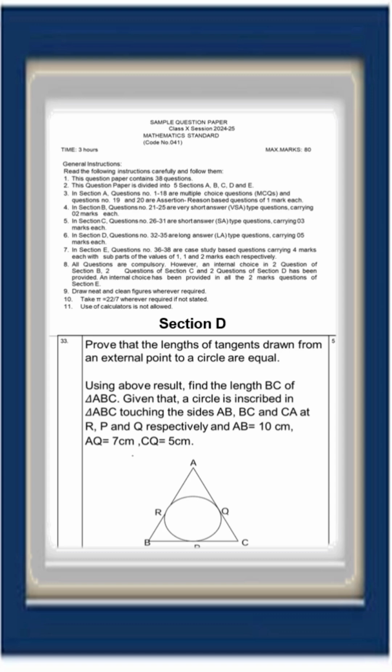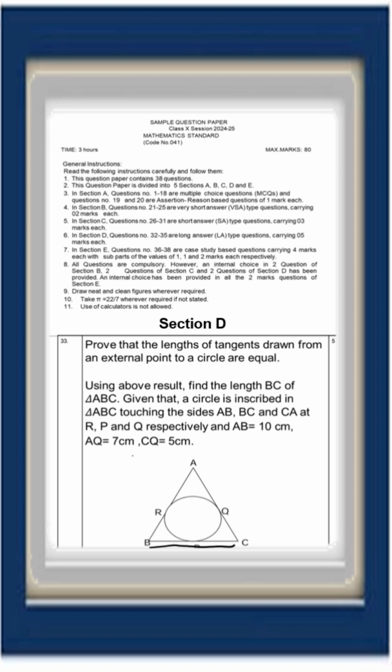33rd question from section D, which carries 5 marks. Prove that the lengths of the tangents drawn from an external point to a circle are equal. Using the above result, find the length of BC of triangle ABC.